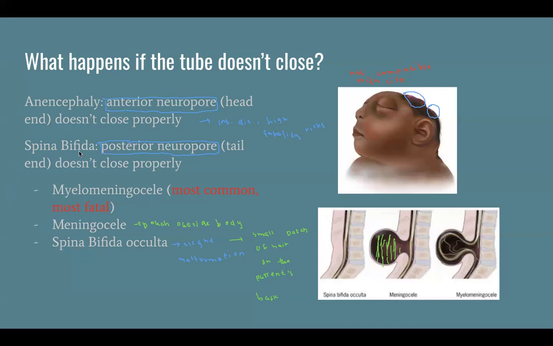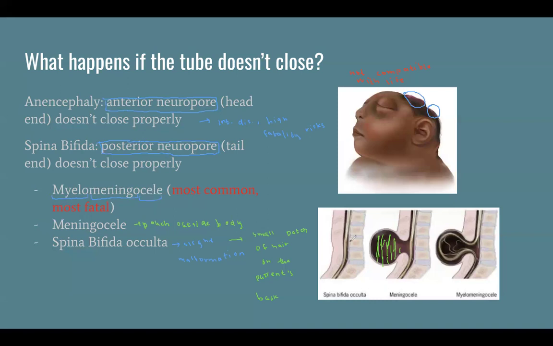And you'll understand why this is so dangerous if you break down the word. Myelo usually translates to something relating to the brain and the spinal cord. Meningo translates to meninges. Cele, pouch. Brain or spinal cord tissue, pouch.